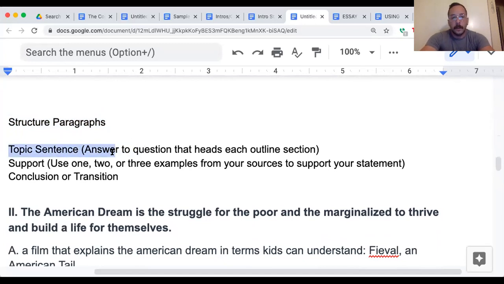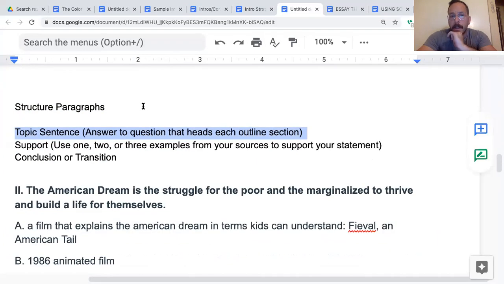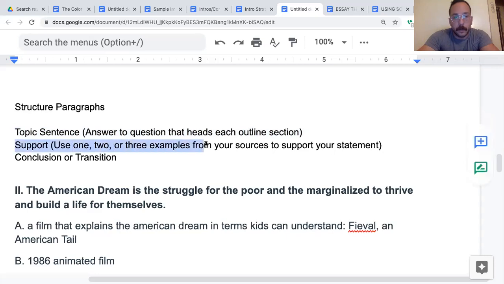Our paragraphs need to start with a topic sentence, which in this case will be the answer to every question that we have asked of each section. Every section is a question, and our topic sentence will be the answer to that question, followed by our support, 1, 2, or 3 examples from your sources to support your statement, and then your conclusion or transition.